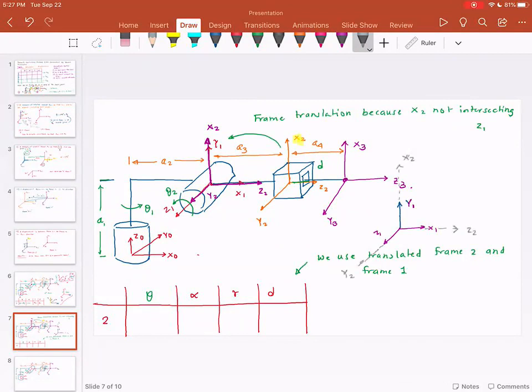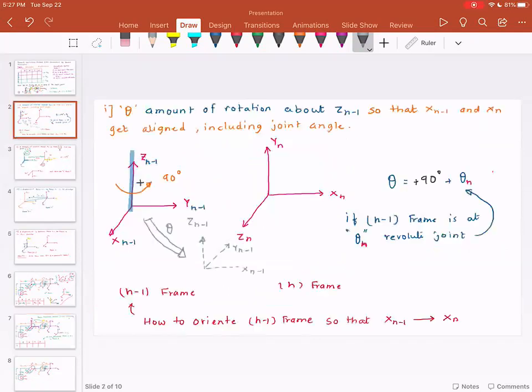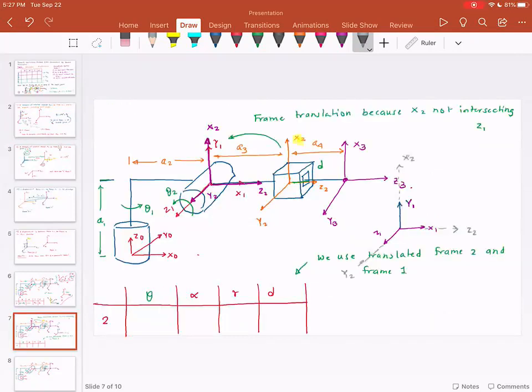So these two frames. Let's look at the theta. The theta has to be about Zn minus 1. So look at the theta rule. Theta is amount of rotation about Zn minus 1, so that the Xn minus 1 gets aligned with Xn.